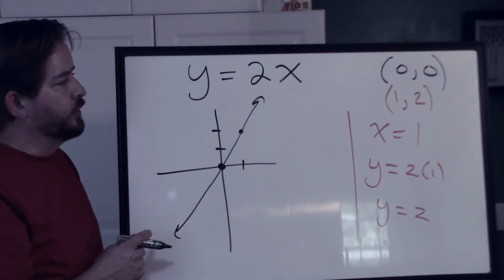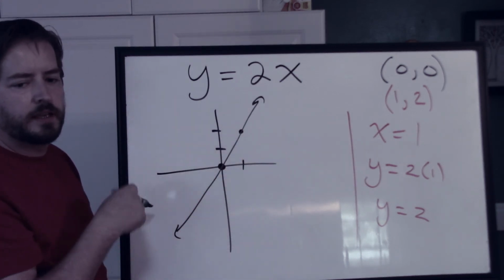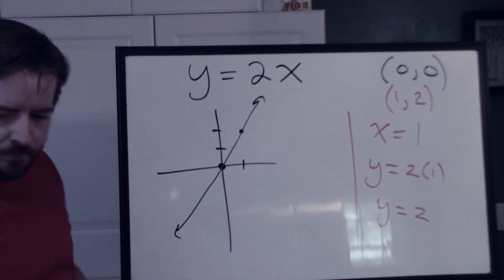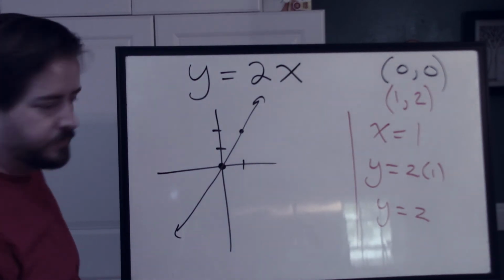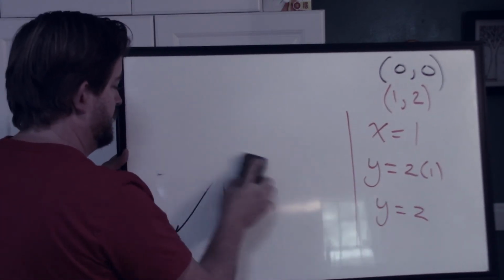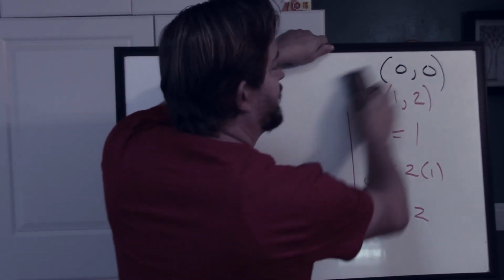So if you end up getting the origin, you just have to step off of it and try something else. So that was the first weird example, when your x and y intercepts were the same point.